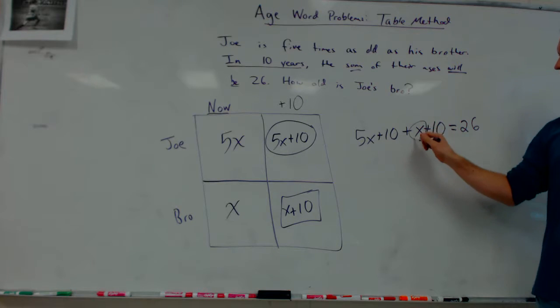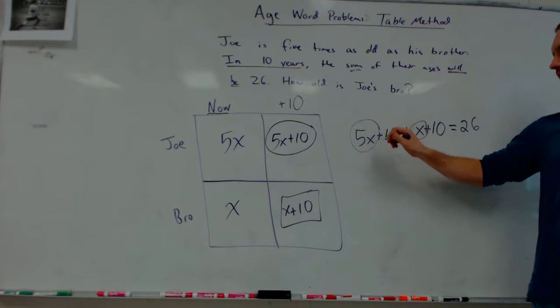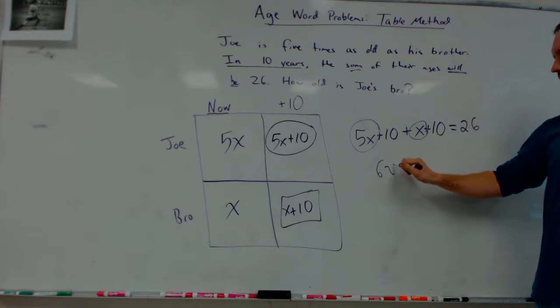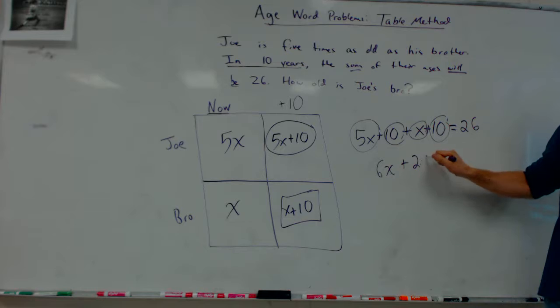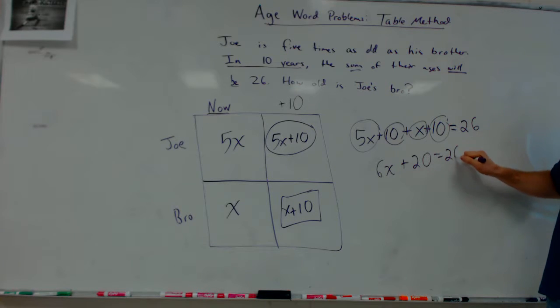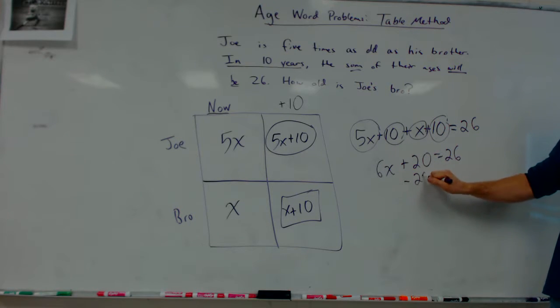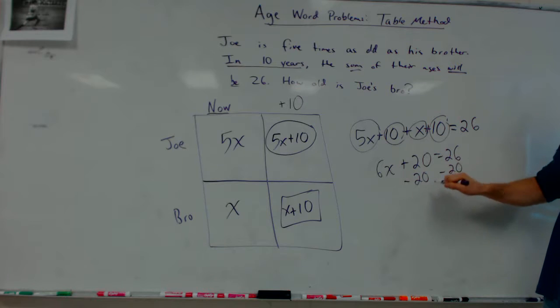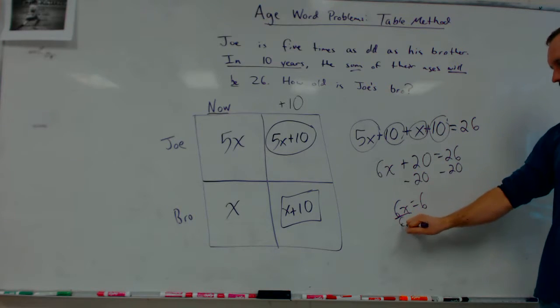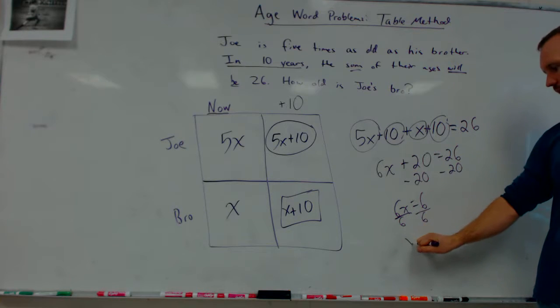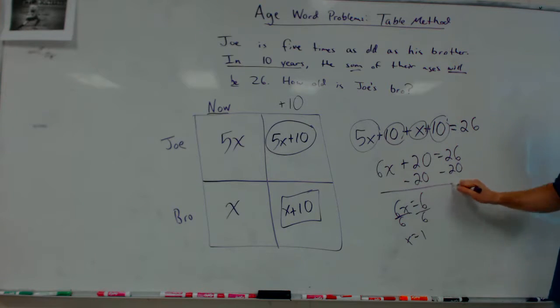So I'm going to collect my like terms. 5x plus x is 6x. And 10 plus 10 is 20. Then I'm going to subtract 20. 6x equals 6. Divide both sides by 6. X equals 1.